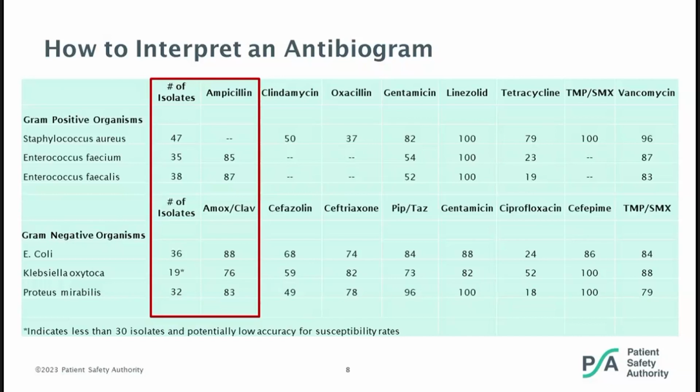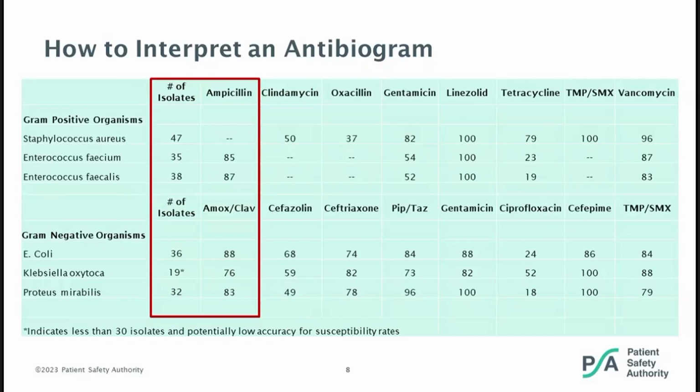And again, you will see that some antibiograms will have further definition or defined breakpoints for certain organisms, or maybe the antibiogram will include isolates for urinary tract infections versus all infections, and we'll see an example of that here shortly.